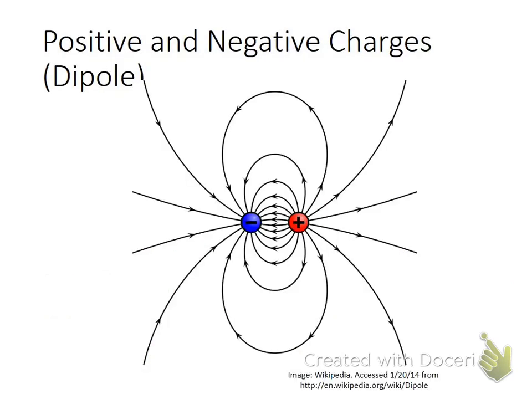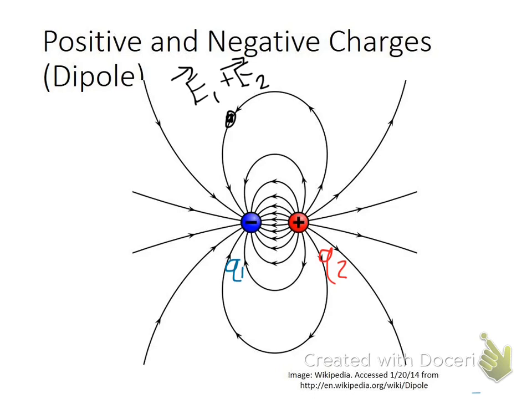Now, if you have multiple charges, you're going to get a kind of funky shaped field. This is because at every single point, if I call this blue negative charge Q1, and I call this red positive charge Q2, I'm going to have to find what is E1 plus E2 at this point. Oh, and by the way, both of these electric fields are vectors.